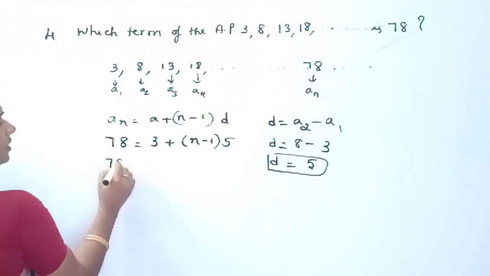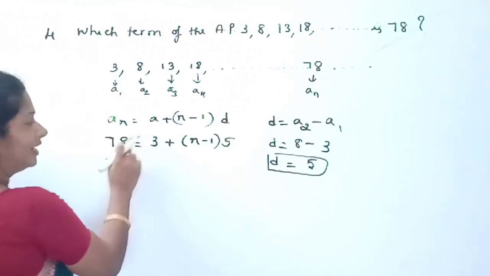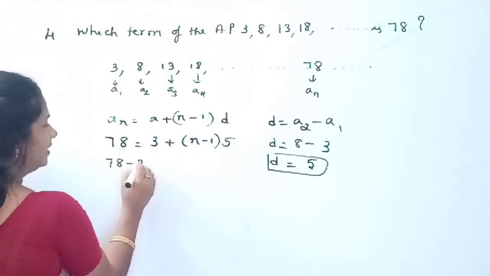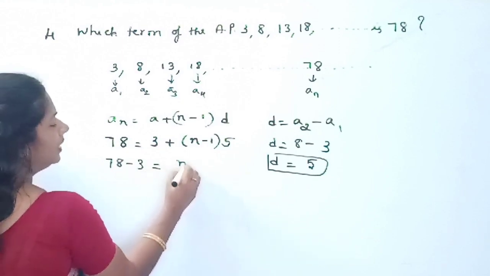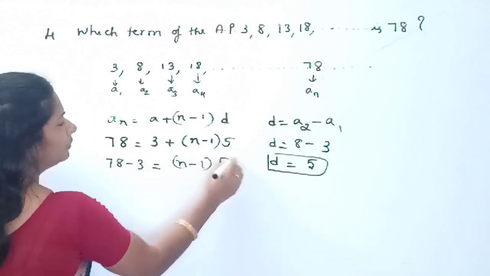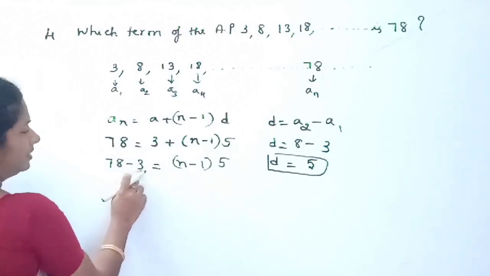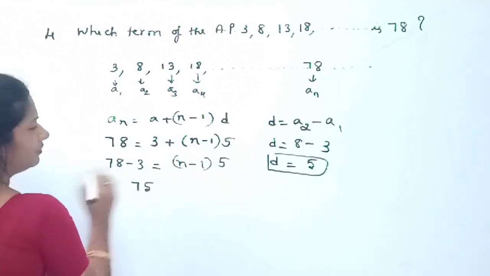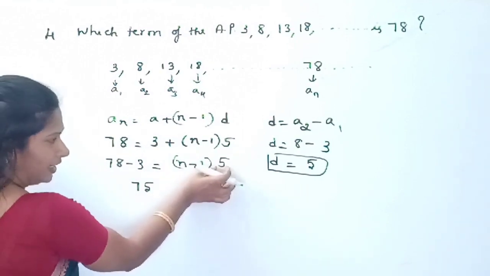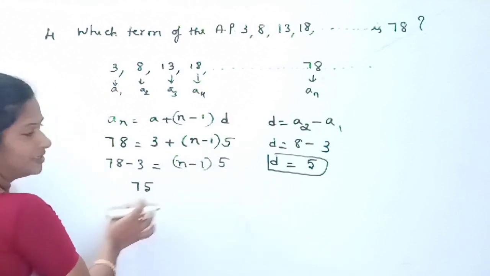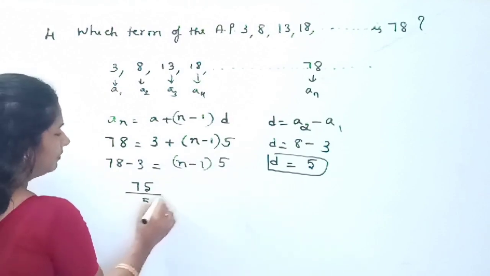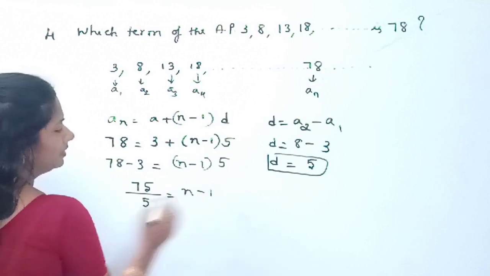Let us substitute D value as 5. Now 78, this plus 3 I will transpose to left hand side. So minus 3 equal to N minus 1 into 5. 78 minus 3 is 75, and this into 5 I will transpose to left hand side. So it becomes divided by 5 equal to N minus 1.